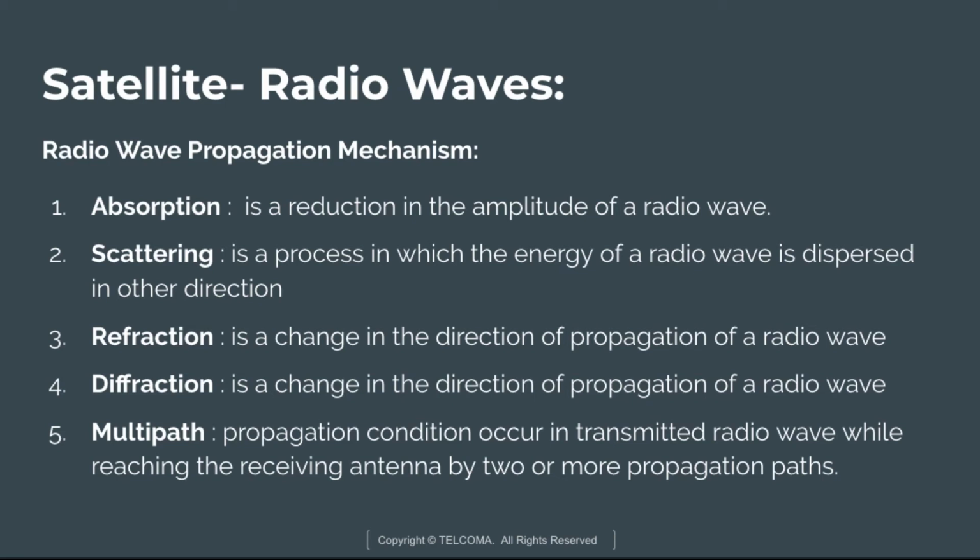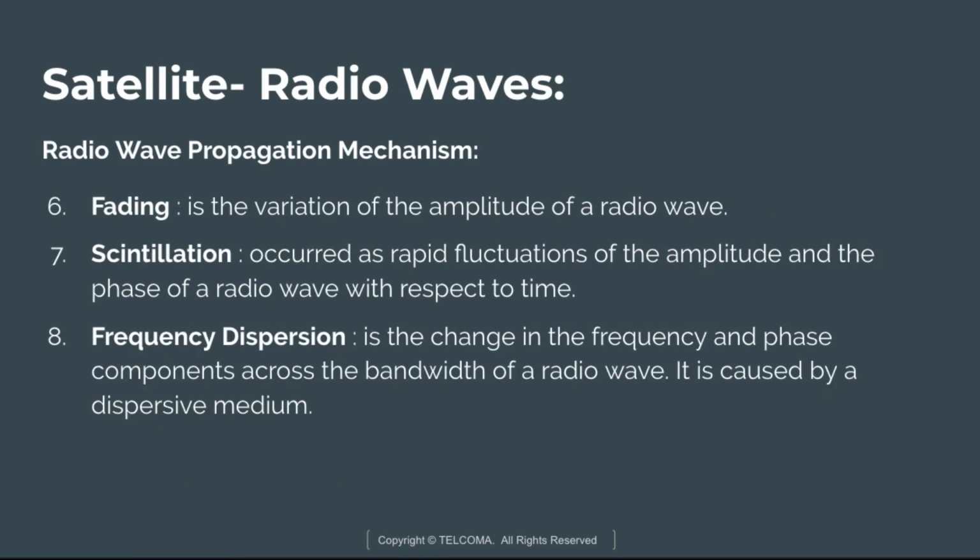Multipath can result from refractive index irregularities in the troposphere or ionosphere, or from structural and terrain scattering on the earth's surface. Next is fading. Fading is the variation of amplitude of a radio wave, and then there is scintillation. In scintillation, there is rapid fluctuation of the amplitude and phase of a radio wave with respect to time.